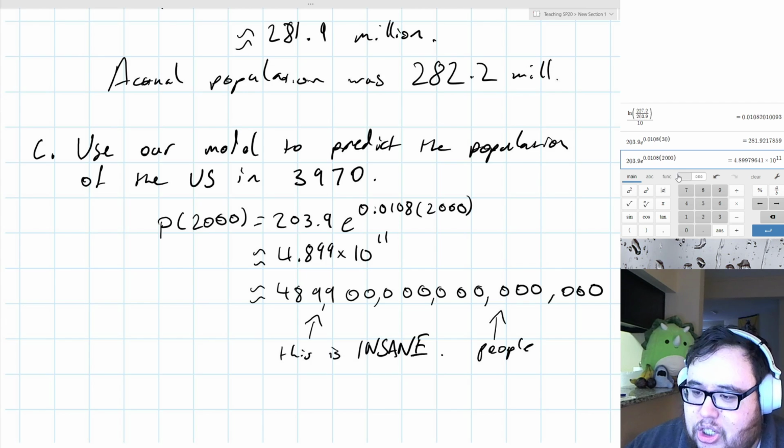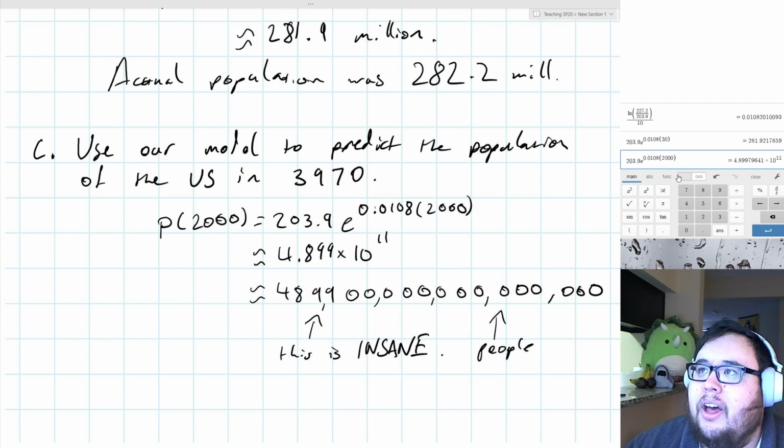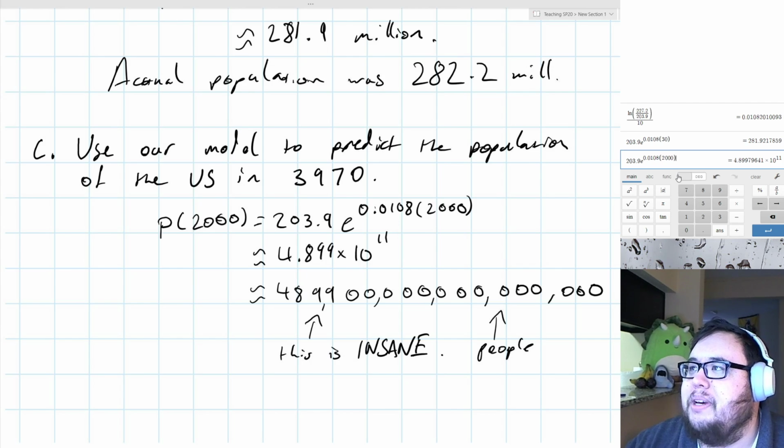This number is colossally large. It is insane. There is no way that you should look at this number and say that this is an appropriate number of people in the year 2000, right? Because it's very obvious that we don't have a number of this size.